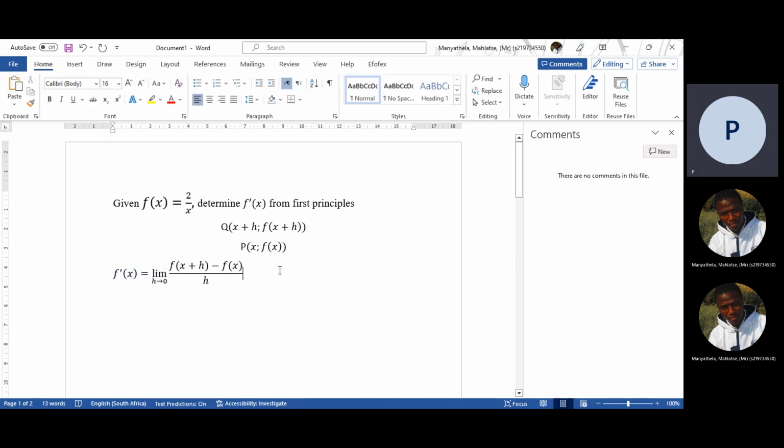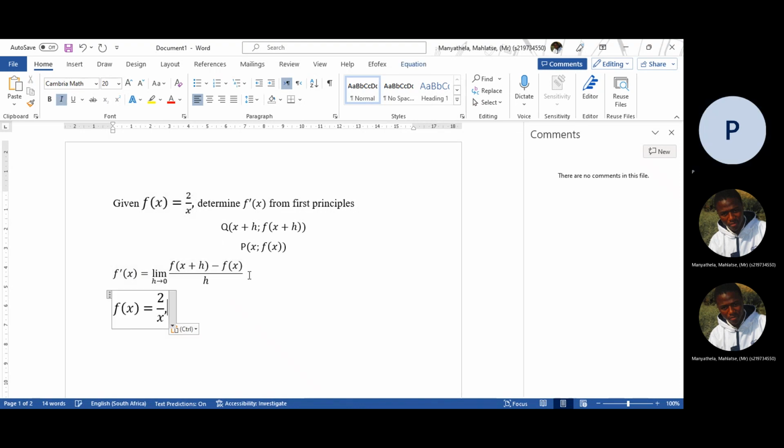So fine. But because we are dealing with a fraction, my advice to you would be that if you're dealing with a fraction using first principles, the first thing that we're going to do is determine f of x plus h.